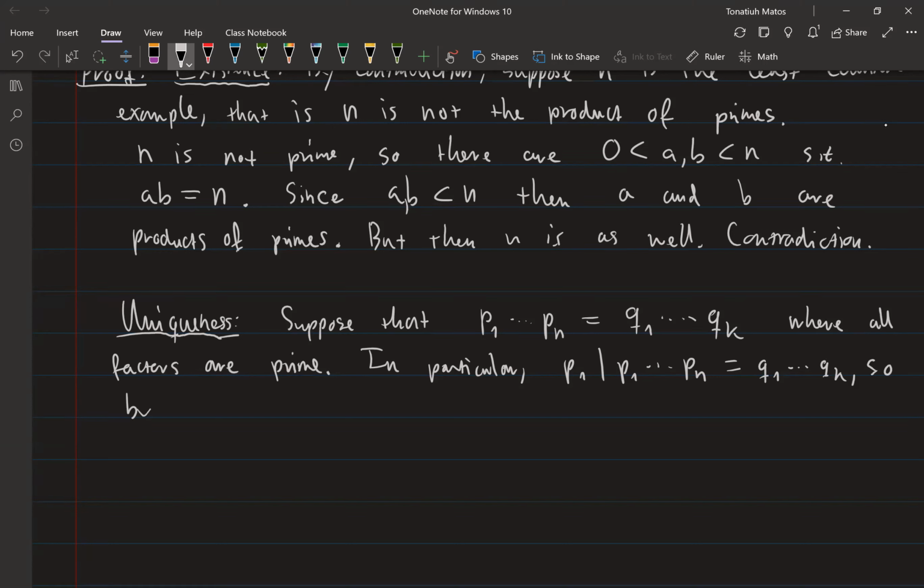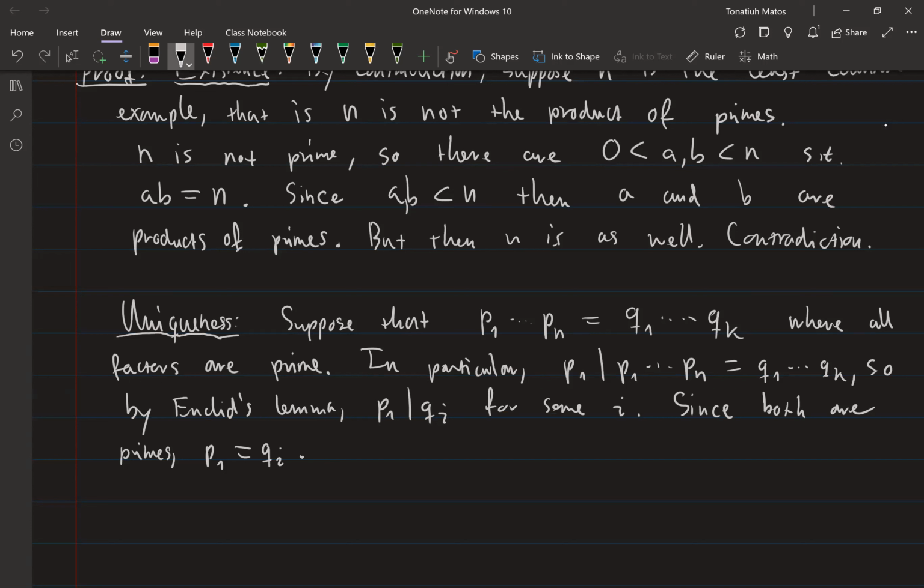So by Euclid's lemma, p1 must divide qi for some i. Right? It divides a product, so it must divide one of the factors. Let's say that factor is qi. Now this is something easy to prove, but since both are primes, primes that divide each other must be equal.